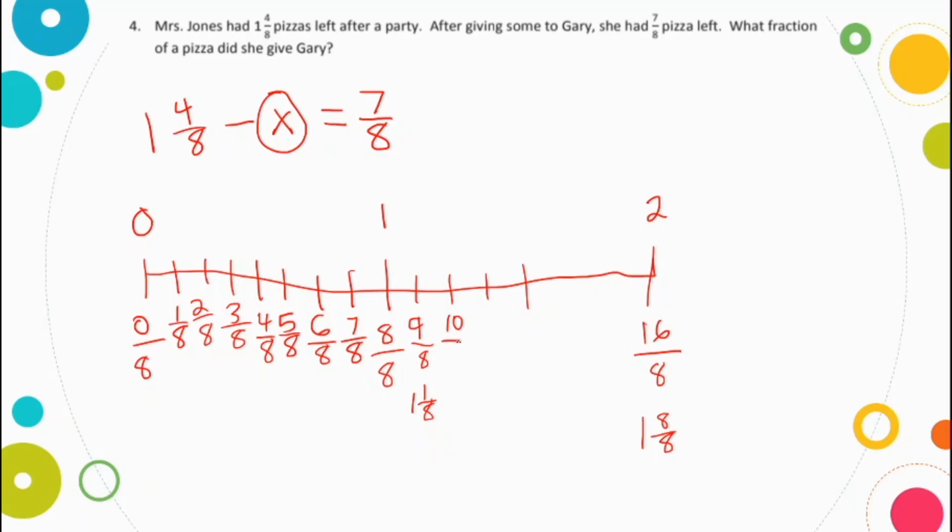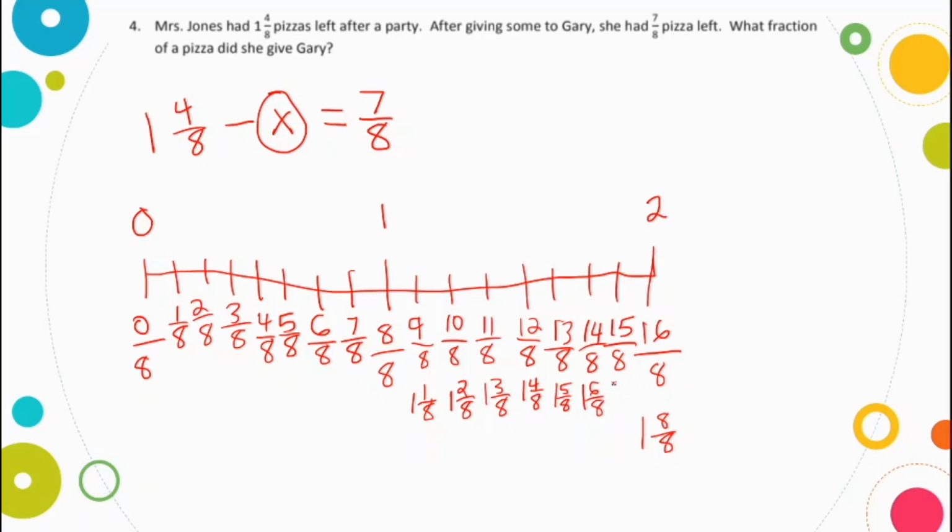And then this is 10 eighths, 11 eighths, 12 eighths, 13 eighths, 14 eighths, and 15 eighths. And then I'm going to put 1 and 2 eighths, 1 and 3 eighths, 1 and 4 eighths, 1 and 5 eighths, 1 and 6 eighths, 1 and 7 eighths. Okay. That was a lot.